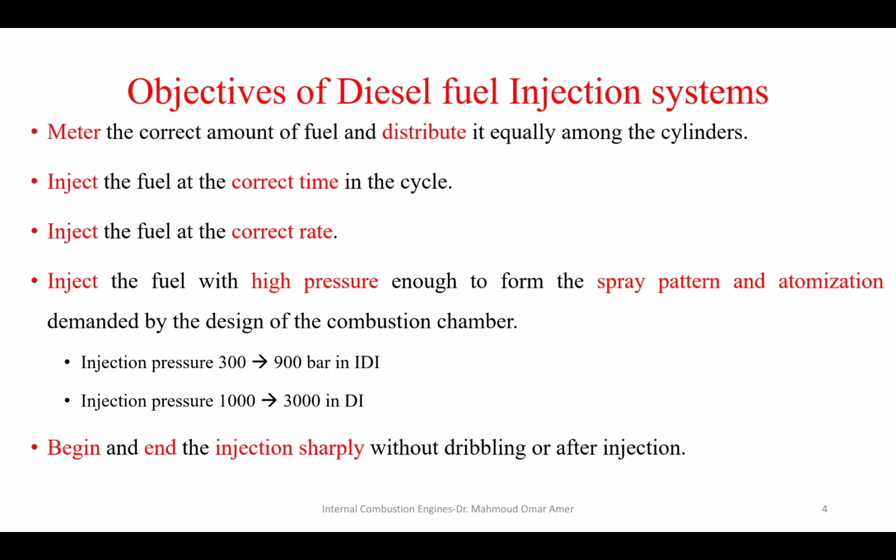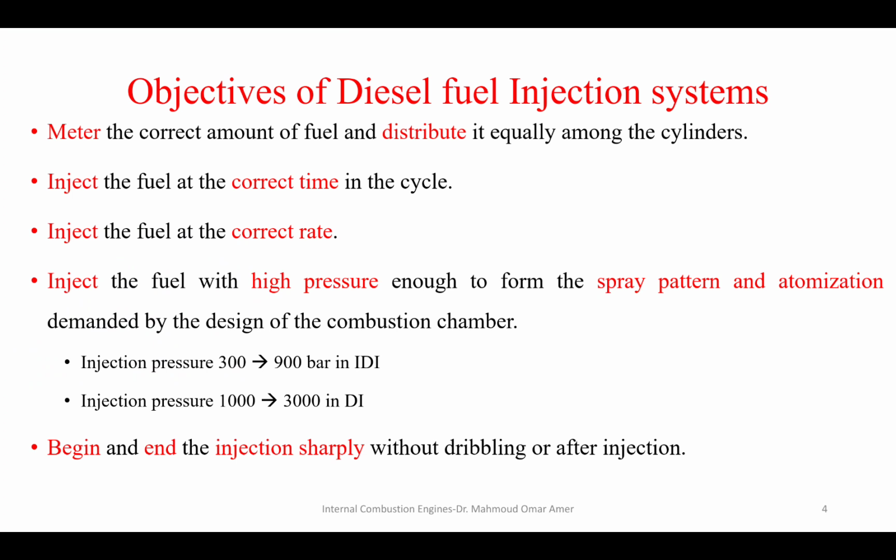Why do we need to begin and end the injection sharply? Let's give an example with a water sprayer, or maybe a perfume bottle. If you press the top of the bottle with soft pressure, what happens to the spray exiting from the bottle?